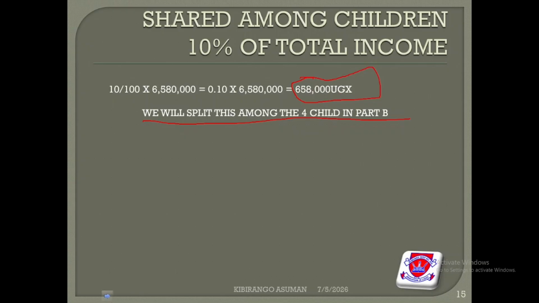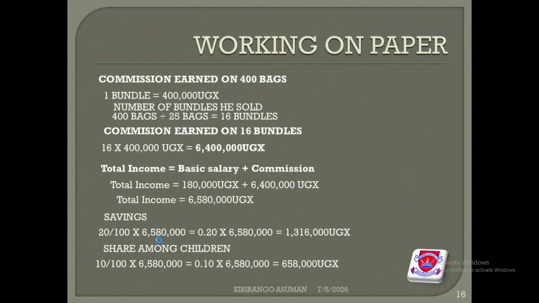After getting that, the next thing is working it on paper: the amount shared among children, which is 10 out of 100 times 6,581,000 shillings, which is equal to 0.10 times 6,581,000 shillings.